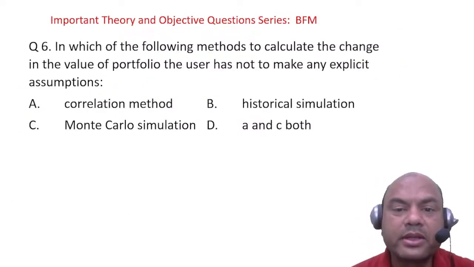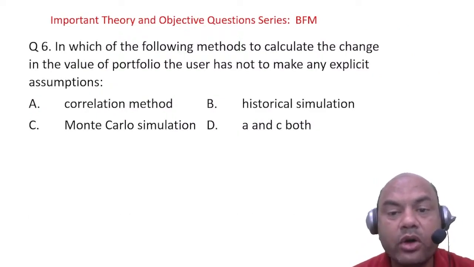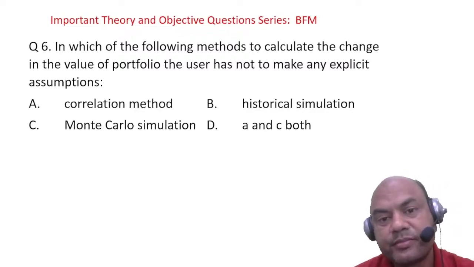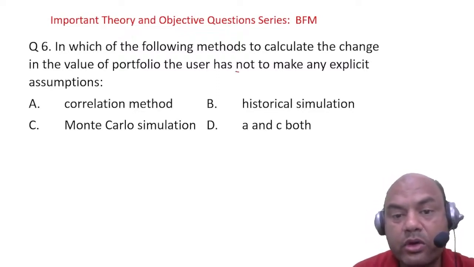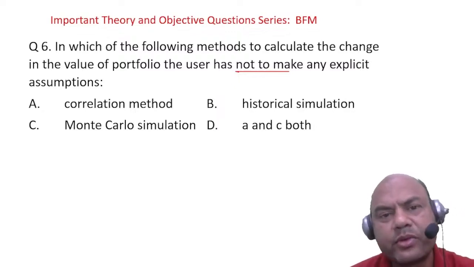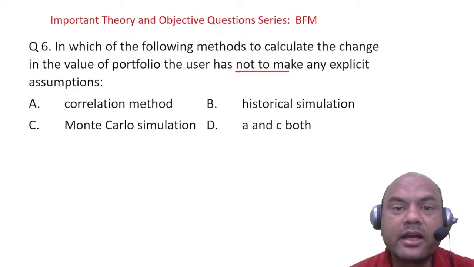In which of the following methods to calculate a change in the value of the portfolio, the user has not to make any explicit assumptions? Remember, not to make any assumptions. No assumption is required means that directly whatever are the facts, use the same.